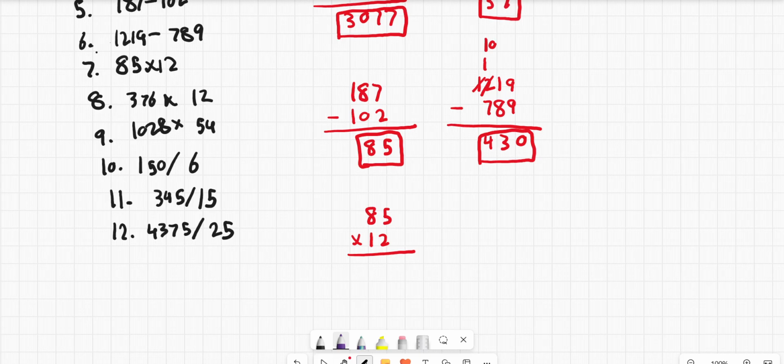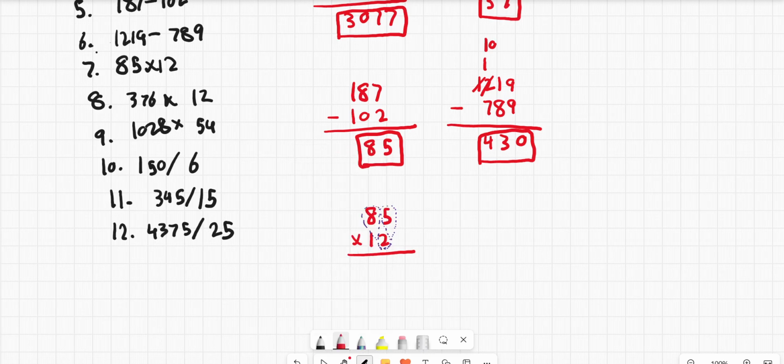So I'm going to look at this bottom row, the 12, and I'm going to start with this number, the 2, and I'm going to first multiply the 2 by the 5, right, we're still going from right to left, and then I'm going to multiply 2 times 8, okay, so that's what we're going to do.